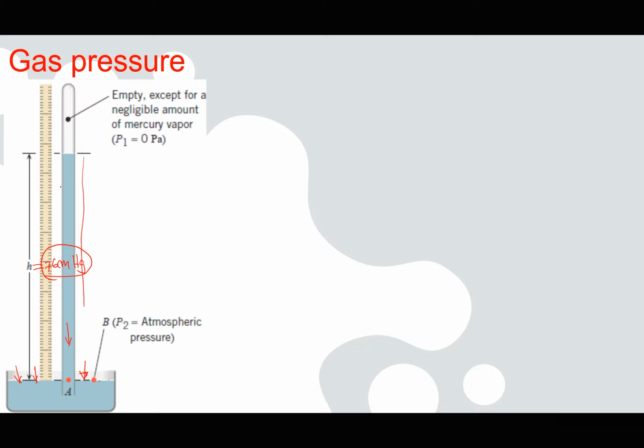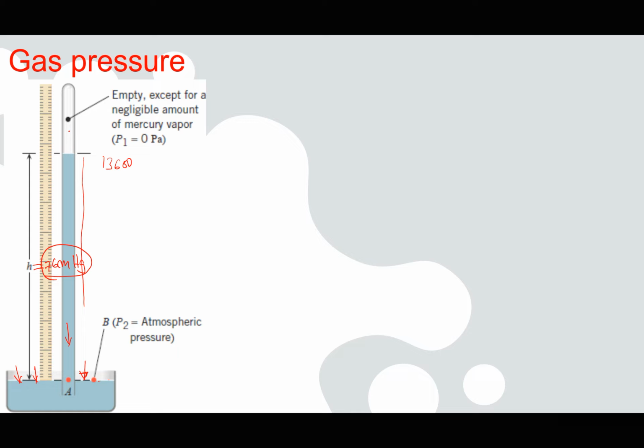So if we can measure this height, and we know the density of mercury, which is about 13,600, and our experiments have shown the height is approximately 76 centimeters of mercury, then we can predict atmospheric pressure.